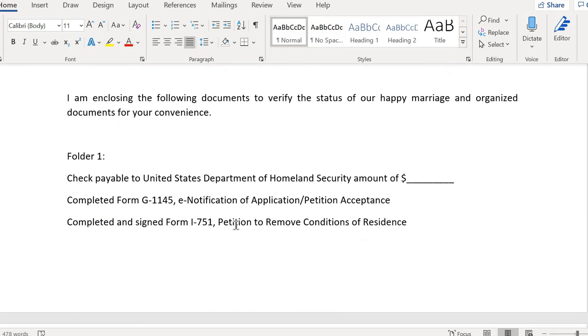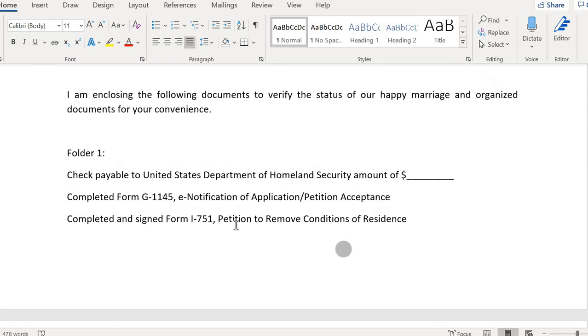This is because my son is applying together with me on the same application, and as I already showed you, we will be paying only one application fee, and then we'll pay for two biometric fees.